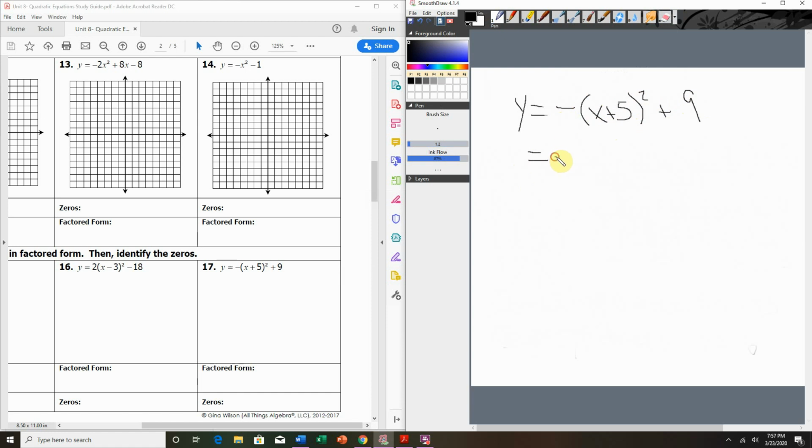So we're going to bring down the negative. We're going to have (x plus 5). Remember, squared means you multiply it by itself. So it would be (x plus 5) times (x plus 5) plus 9. As we discussed in class, you guys like the distribute problem. Some people call it the FOIL method. But either way, we're going to have to distribute to both.